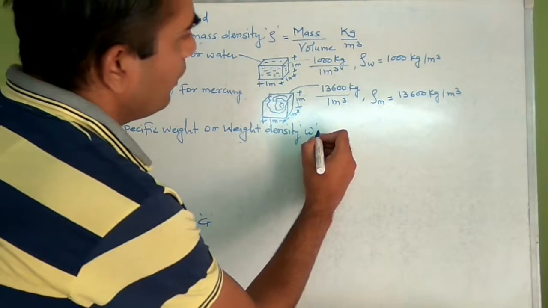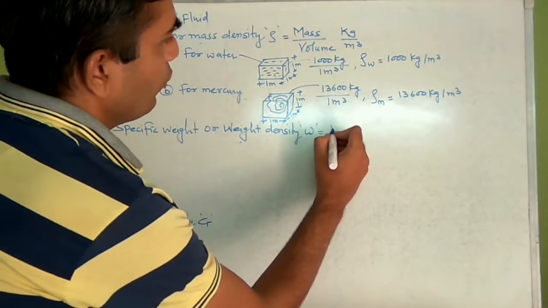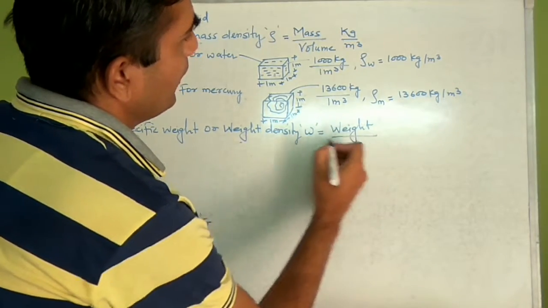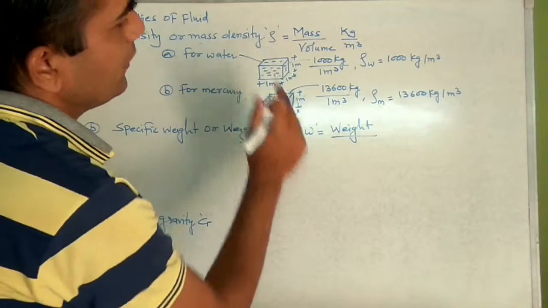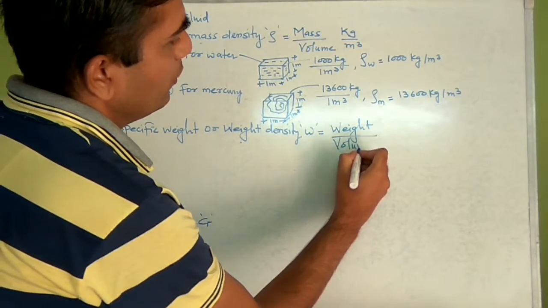So the formula for weight density goes like this: this is mass divided by volume, now this one is weight divided by volume.